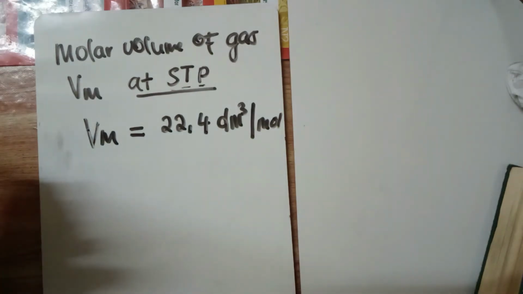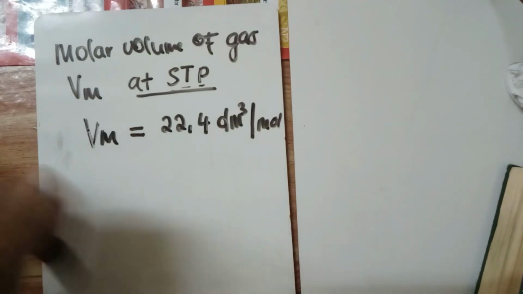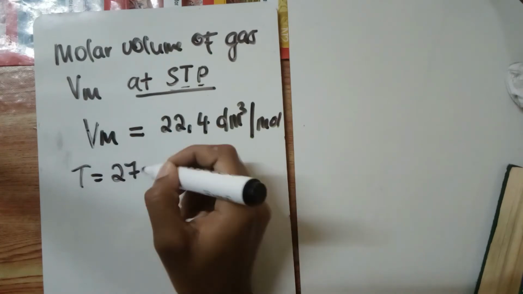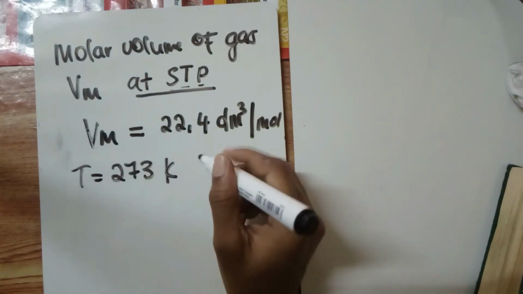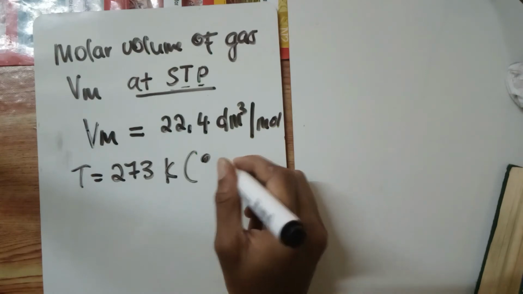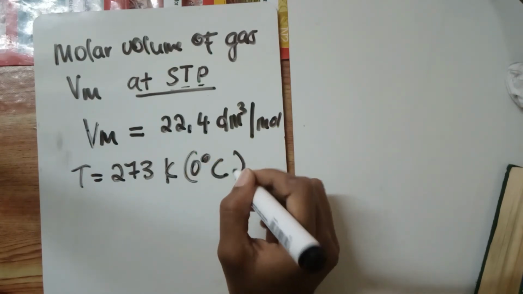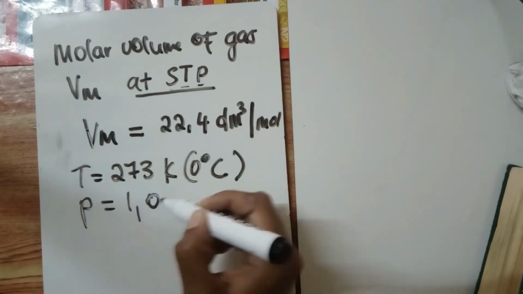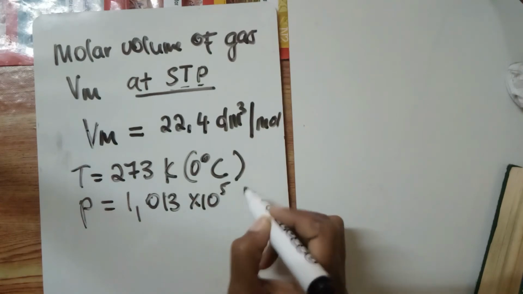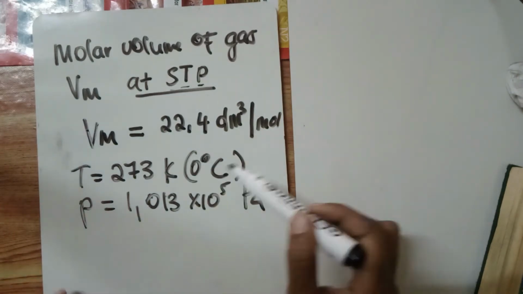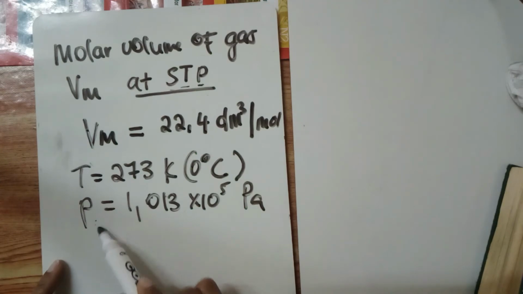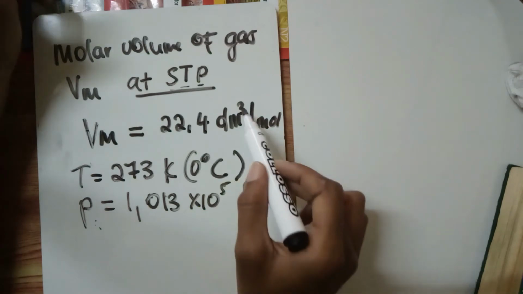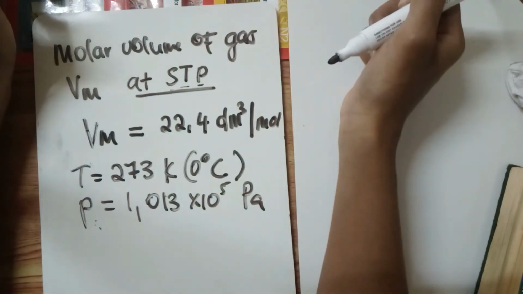So what does that actually mean? This means that at standard temperature, which is 273 kelvins, or in degrees Celsius, 0 degrees, and our standard pressure is 1.013 multiplied by 10 to the power of 5 pascals, at this temperature and pressure, the volume of all gases is 22.4 cubic decimeters per mole.